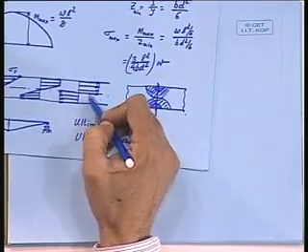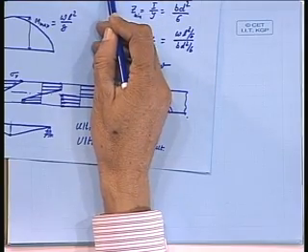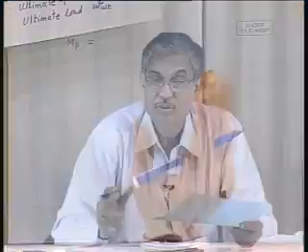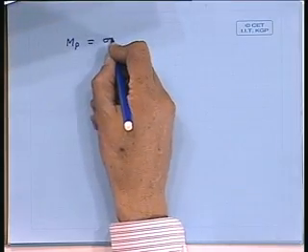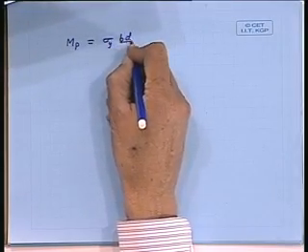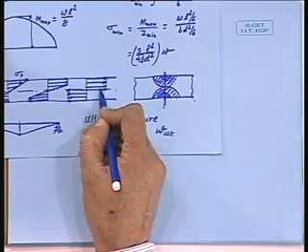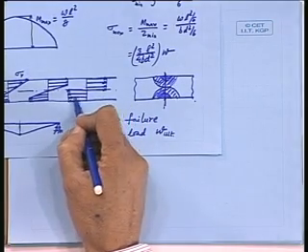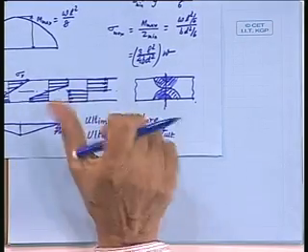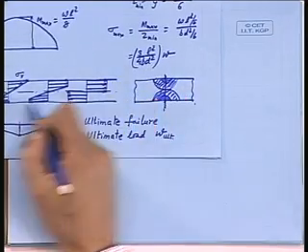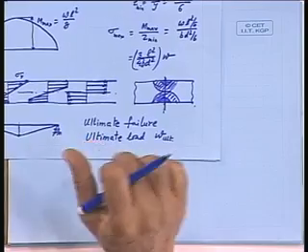So sigma y into d by 2 on this side into B. B into D is the total area. Half the area is under tension and half that area is under compression. So the force is sigma y B into D by 2, and this resultant force is acting at a distance d by 4 from here. The other one is also acting at d by 4. So the couple lever is d by 2, because this force is here and this force is here, distance d by 2 apart.